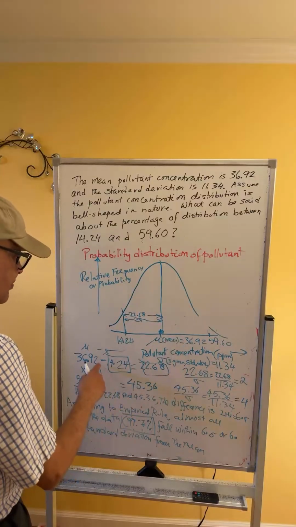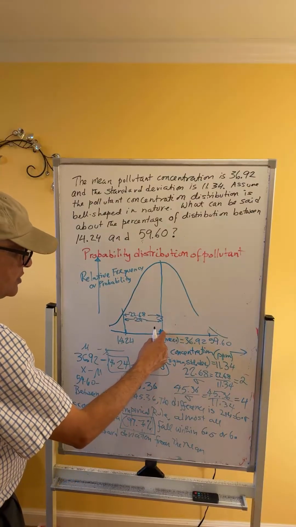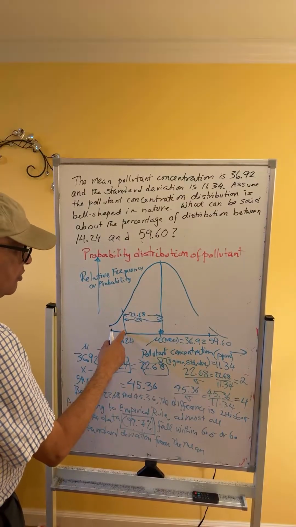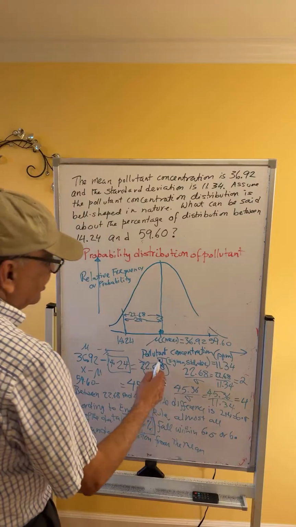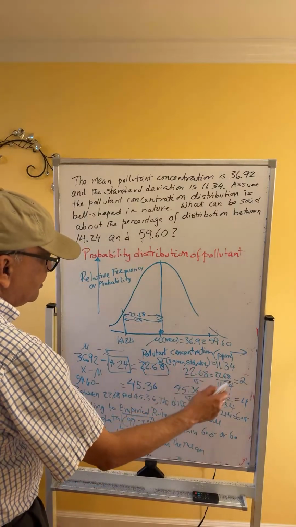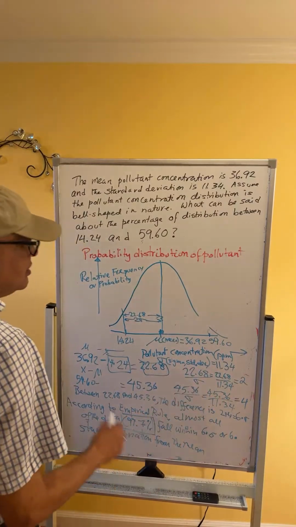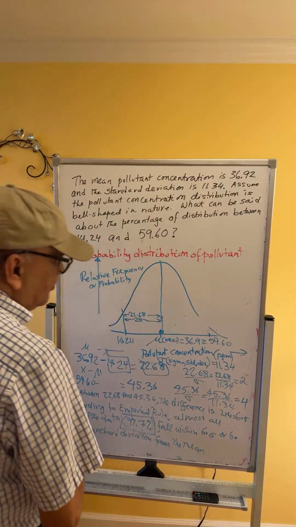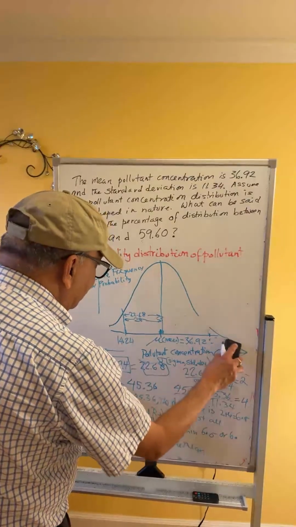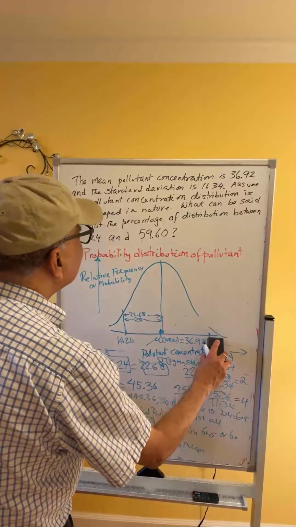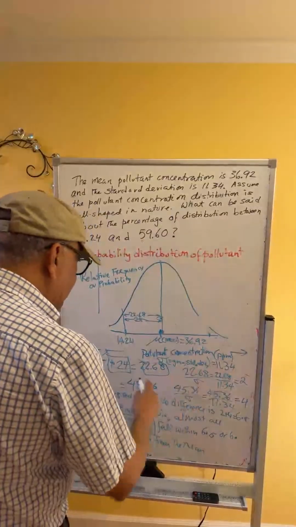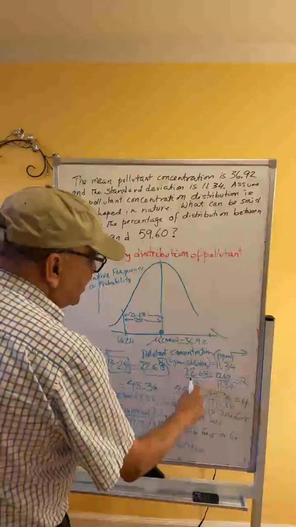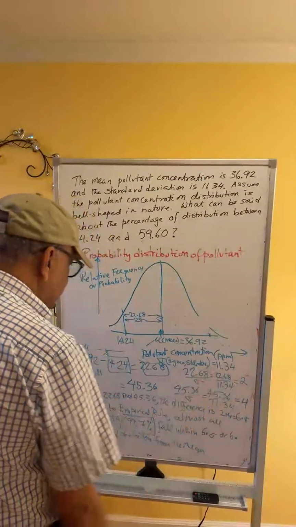I did 36.92, which is the center, minus the lower value 14.24, which is 22.68. Then I took that 22.68 and divided it by sigma, which is 11.34. 22.68 divided by the standard deviation 11.34 is 2.